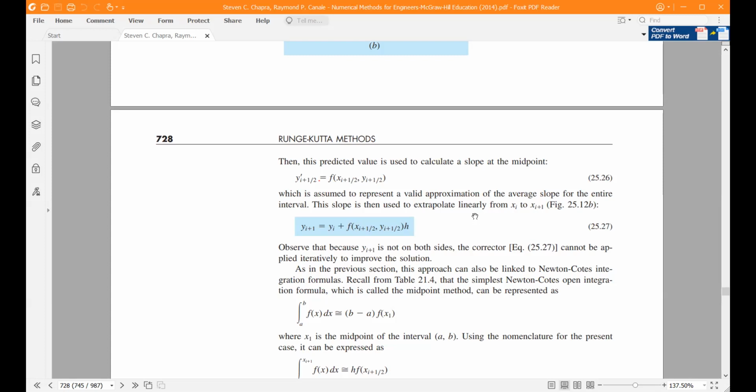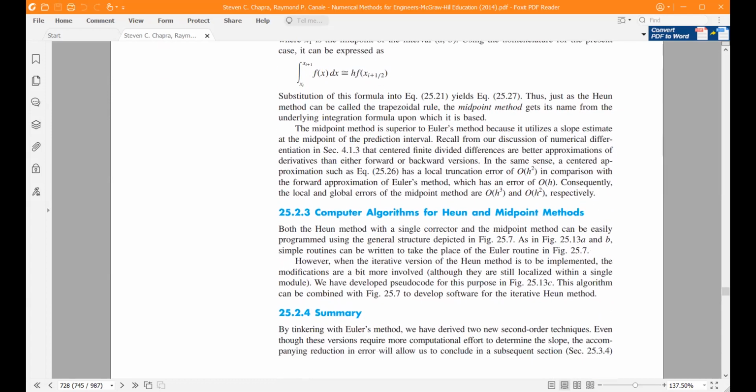This is the slope at the midpoint. Then you multiply with the step size. In this way, the midpoint slope is used to calculate the value for the next time step. So this is your modified form of Euler's rule. It is called the midpoint rule.